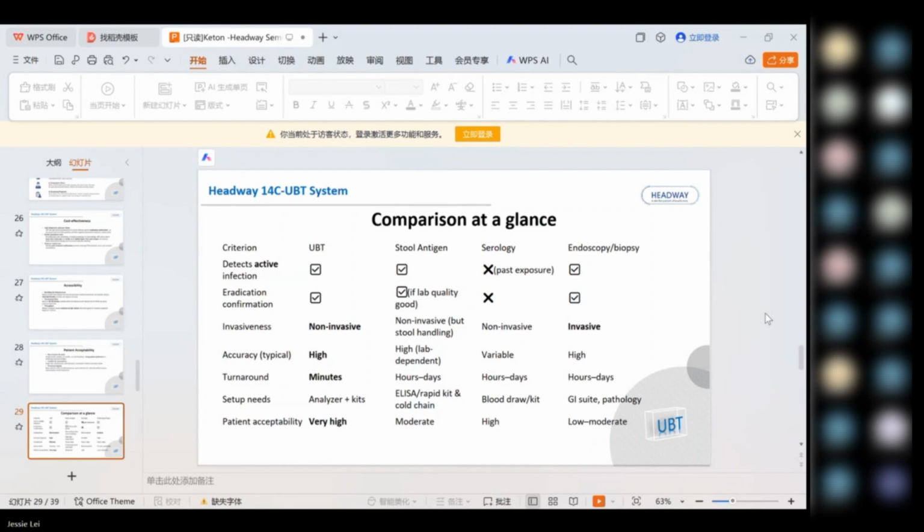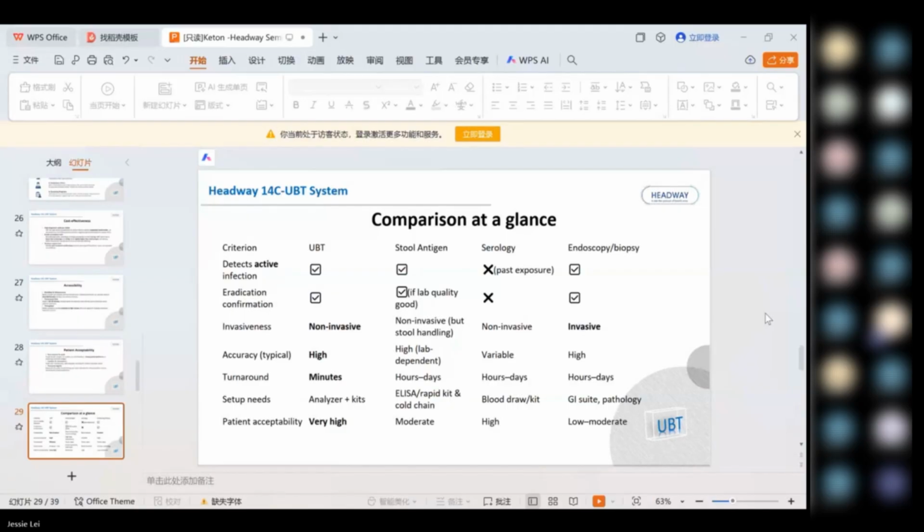This is Leo. Let me explain. In fact, all children can do the test if they can swallow the capsule, because for some very young children, it may be very hard to swallow the capsule. If the children can swallow the capsule, then they can do the test.